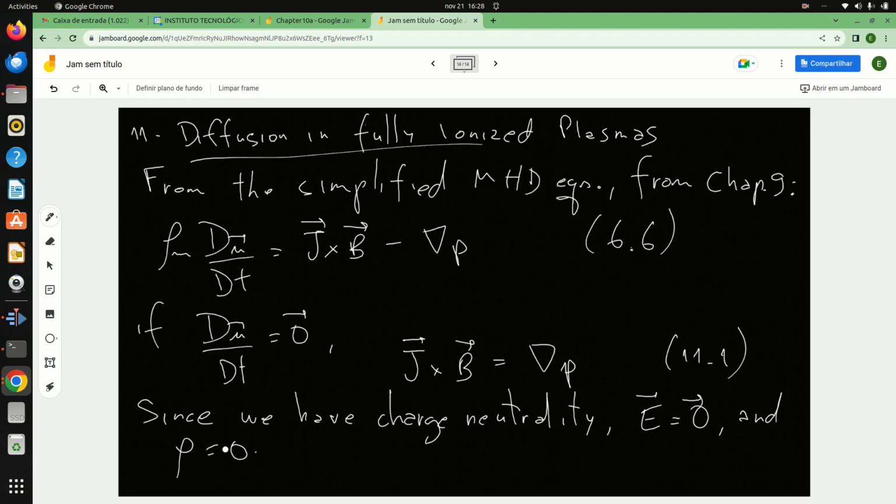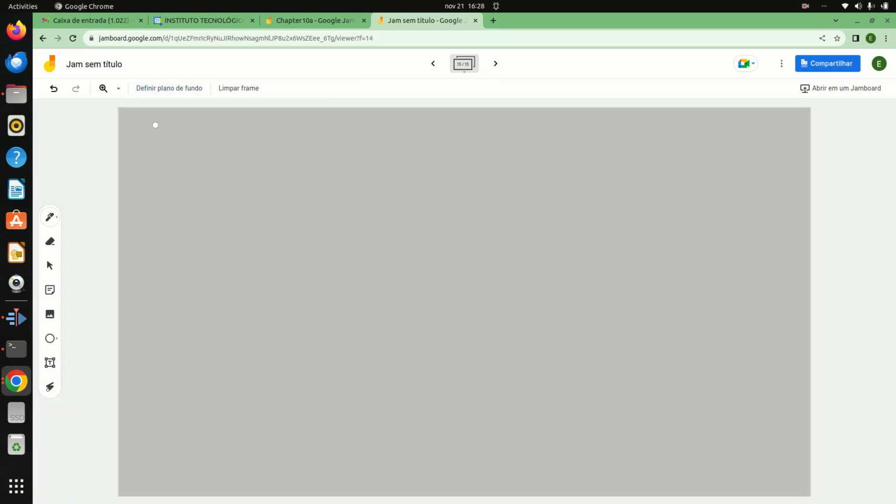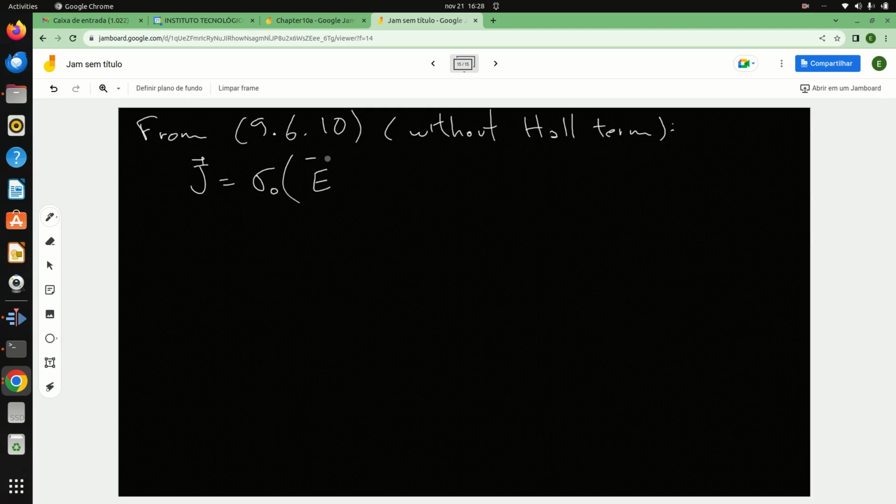From equation 6.10 of chapter 9, without the Hall term, we have J equals sigma (E plus U cross B). So we have seen all those equations, so I'm just repeating them here. This is the longitudinal conductivity.